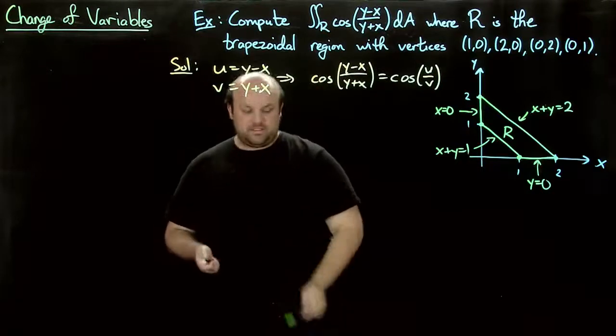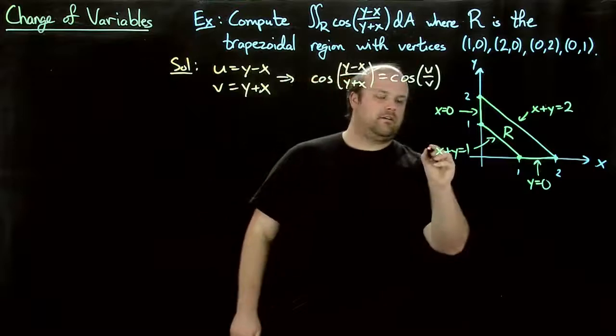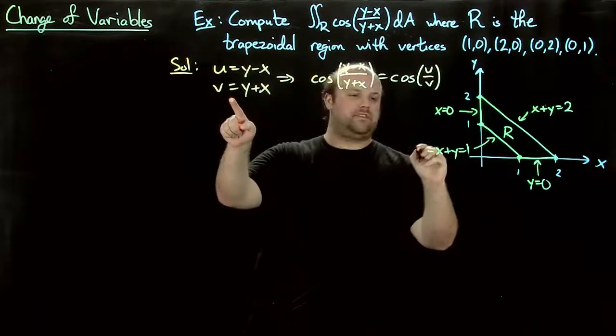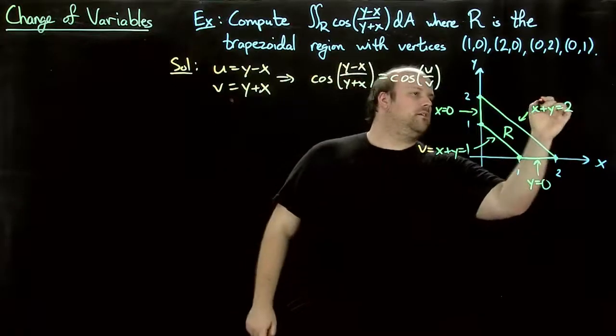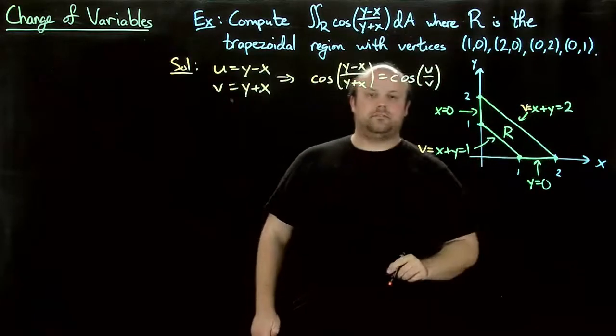But notice something already: this is v. So we get v equals 1, v equals 2.